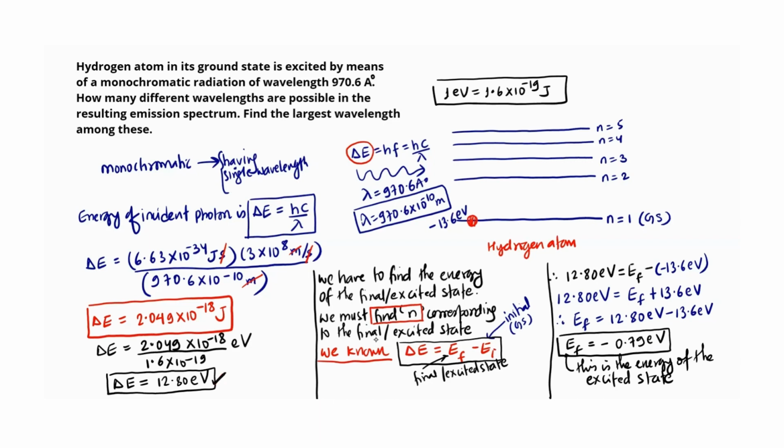In order to find n, for the excited state, we use this expression of the hydrogen atom, the energy of the nth state.